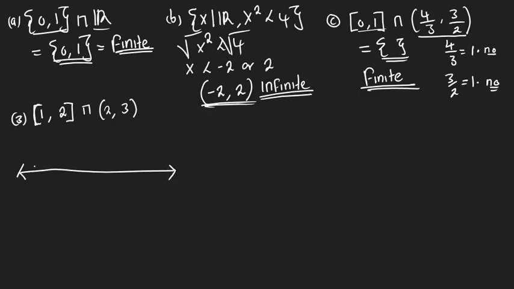You find the intersection, you've got a 1 there, a 2, a 3. So the first one you plot, it's 1 inclusive, 2 inclusive. The second one, it's 2 exclusive, then up to 3, 3 exclusive also. So now, they're intersecting here, but 2 is part of this one, 2 is not part of this one. Hence, this particular set is the empty set. There's nothing intersecting there.